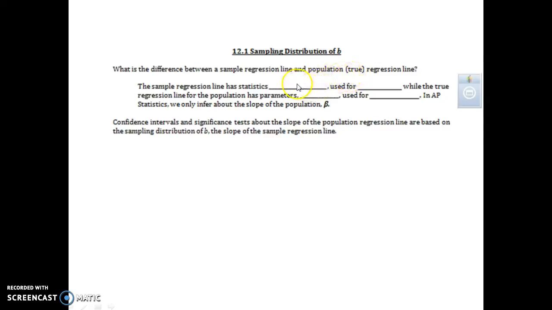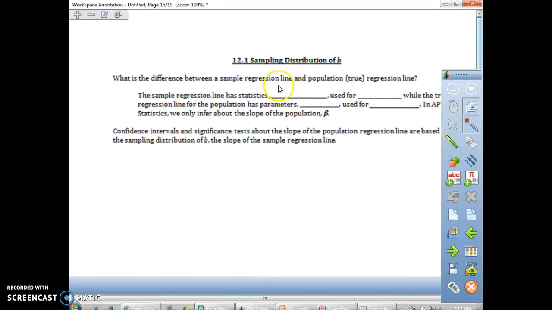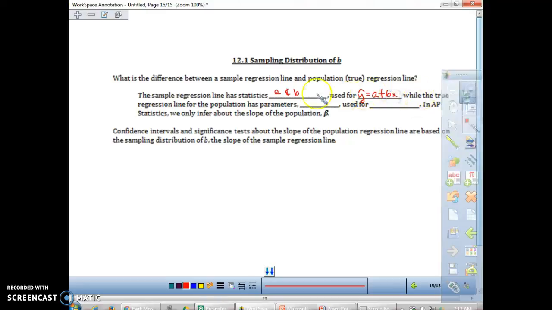So for the sample regression line, the statistics are going to be a and b. I kind of mentioned that already. So we have a and b, and it's used to make predictions: y hat is equal to a plus bx. While the true regression line has the parameters, these are population parameters, alpha and beta. And you can see the y-intercept from the sample corresponds to the y-intercept from the population, and the same thing for the slope.